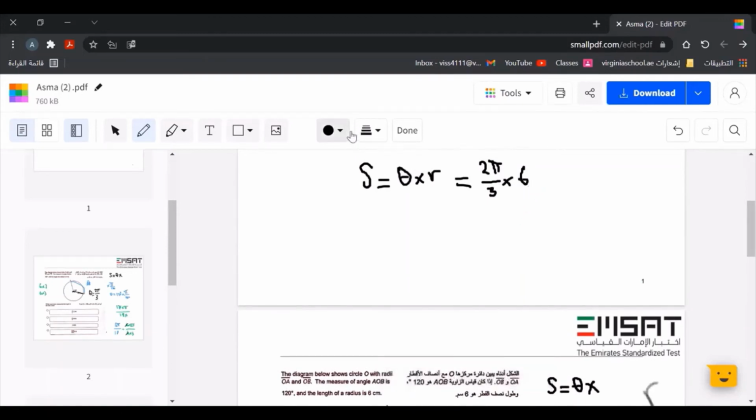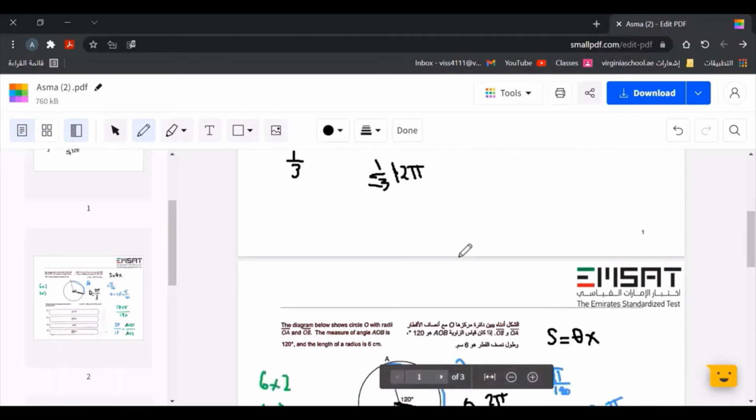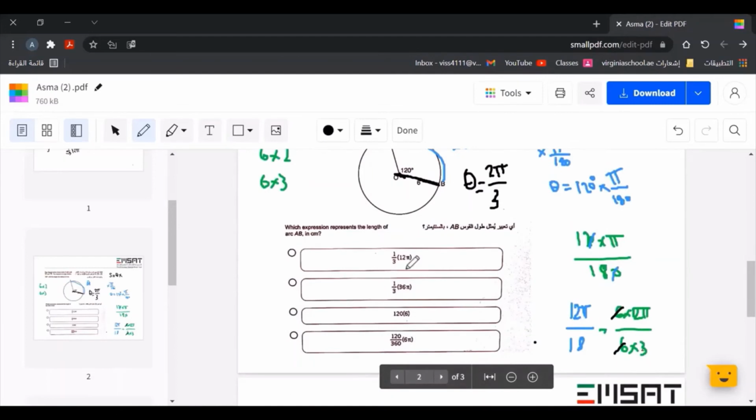And now we will multiply 6 by 2, which will give us 12, and then I'm going to keep the pi as it is. As I multiplied the 6 by 2, the 3 here becomes 1 below, so it's going to be 12 pi over 3. So which answer is it? It's this one.